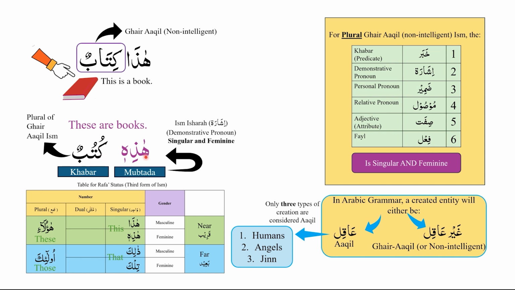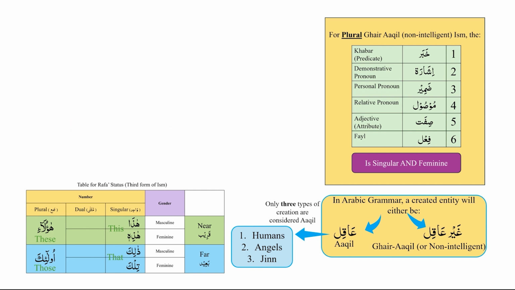Hazihi is singular and feminine and it is a demonstrative pronoun. Please note that saying haula'i kutubun is grammatically incorrect because kutubun is the plural of a ghair aqil ism or a non-intelligent ism. The demonstrative pronoun that we will use with kutubun will be hazihi and the jumla ismiya will be hazihi kutubun. We will study some more examples here.